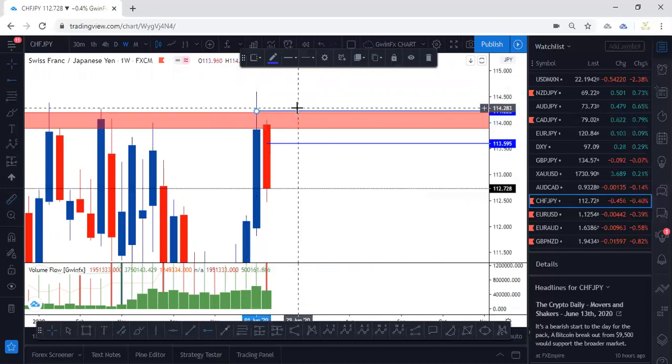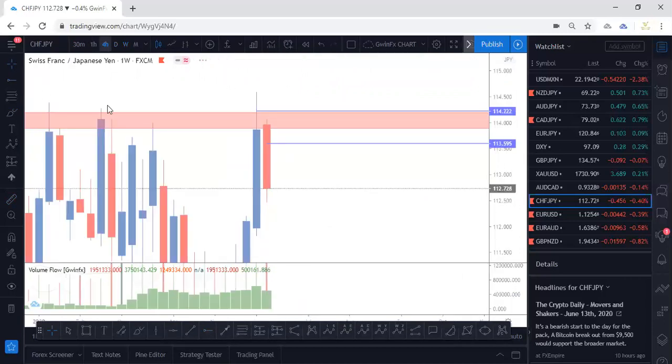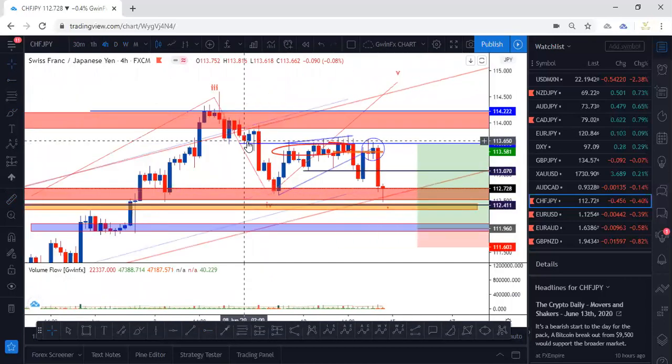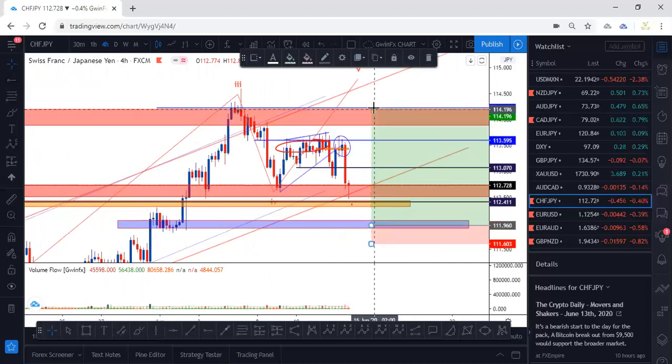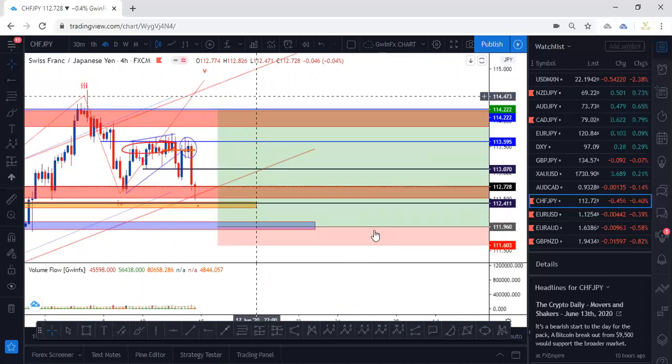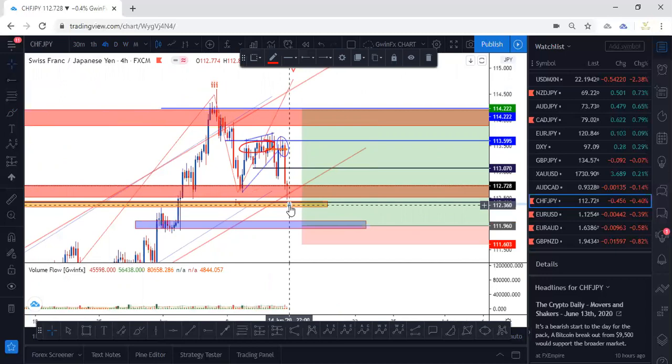This could be our TP2. We never have really had that test, so we'll just go back and then expect that test. So this would be our TP1, and this could be our TP2. So this would be a 1 to 6.3 reward trade from where I am.